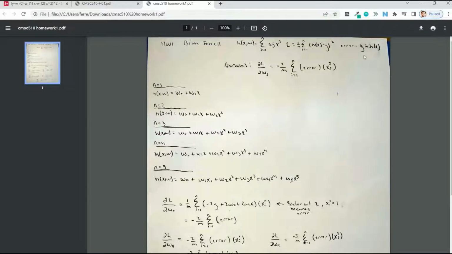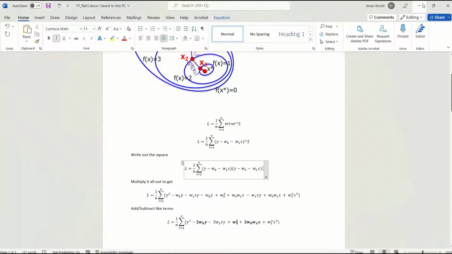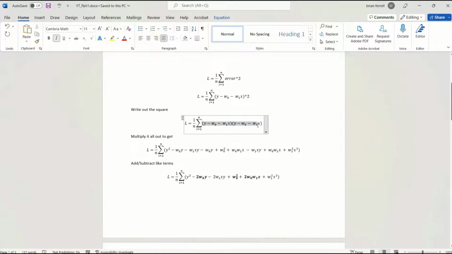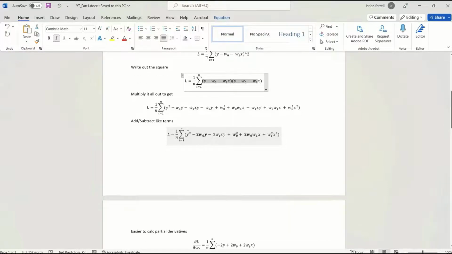So you're basically doing y minus this. That's why it has a minus weight 0 minus weight 1 times x. Right, so that's how we get this. And then we're squaring it, writing out the square, and multiplying it all out.